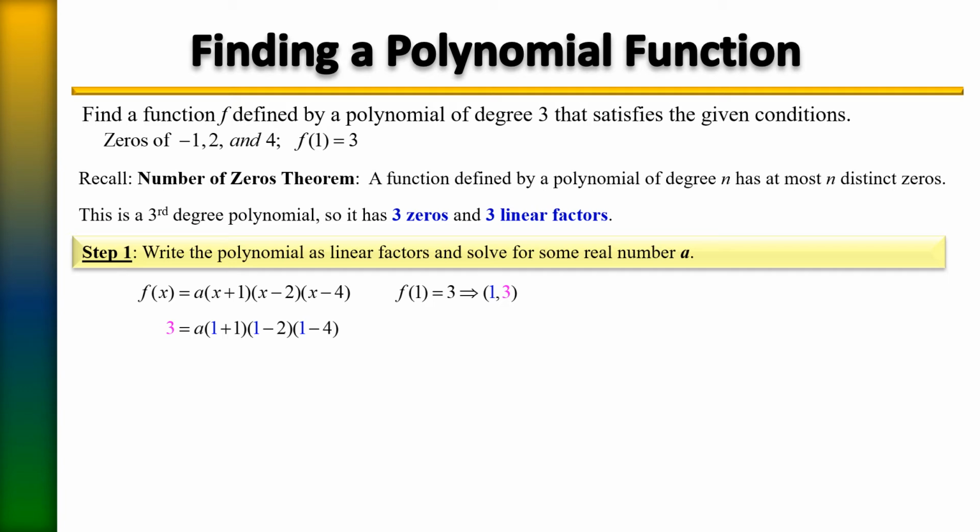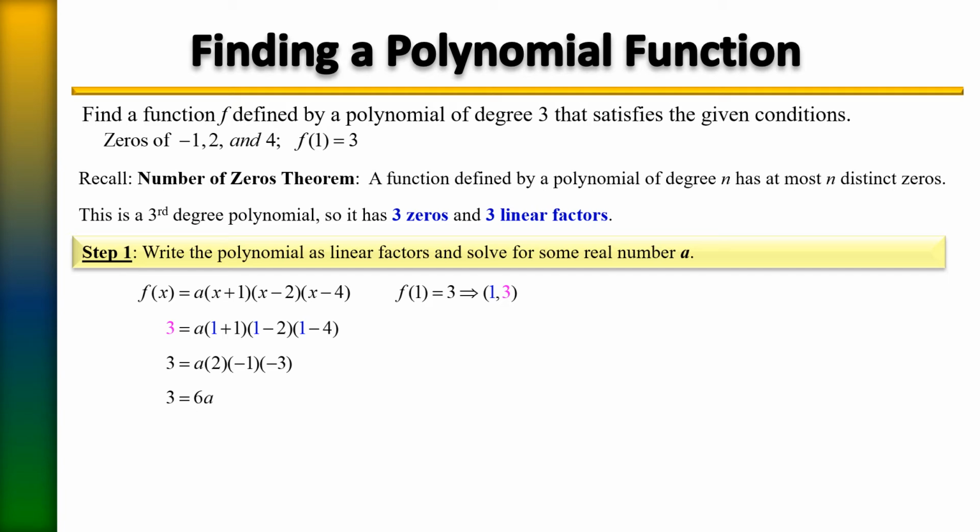When we do the math, for the first group, 1 plus 1 is 2. Combine the inside of the second parentheses, you get -1. Combine the inside of the third parentheses, you get -3. Multiply those together, and you get 6a on the right side and 3 on the left side. The last step to solving for a is to divide by 6.